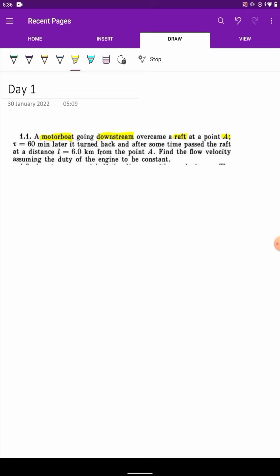I think it's better to start drawing stuff. That helps. So let's consider this direction as downstream. Let's say this is the river, just considering it as a line because it's basically a one-dimensional problem, as you will see.